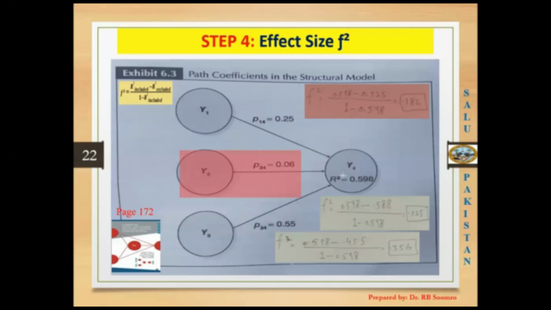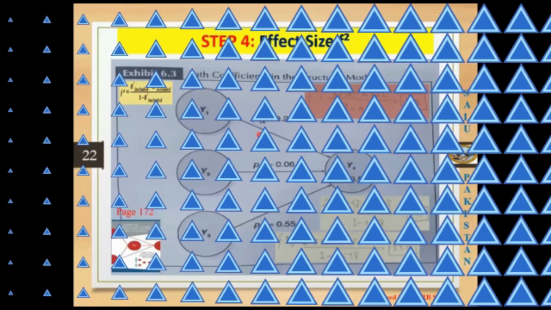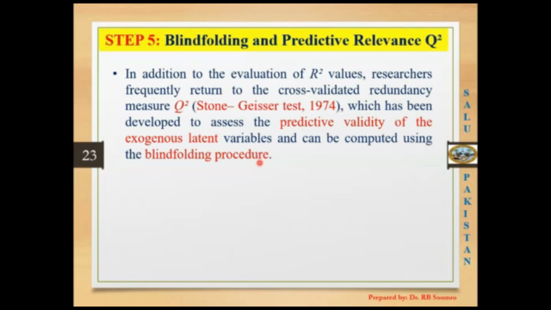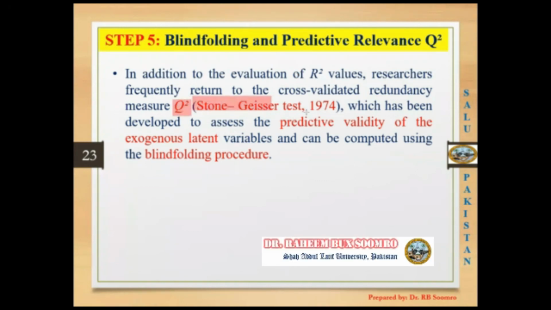This is the Q square. So mostly we are working on R square, F square, and this is the Q square. In addition to the R square value, we are also working on the Q square, which was given by the Stone and Geisser test in 1974.